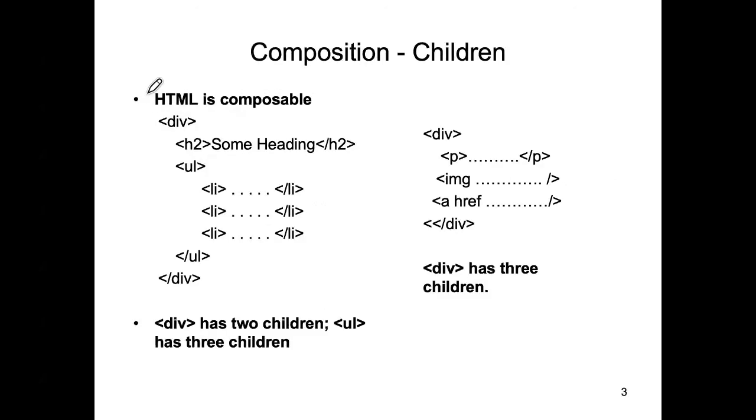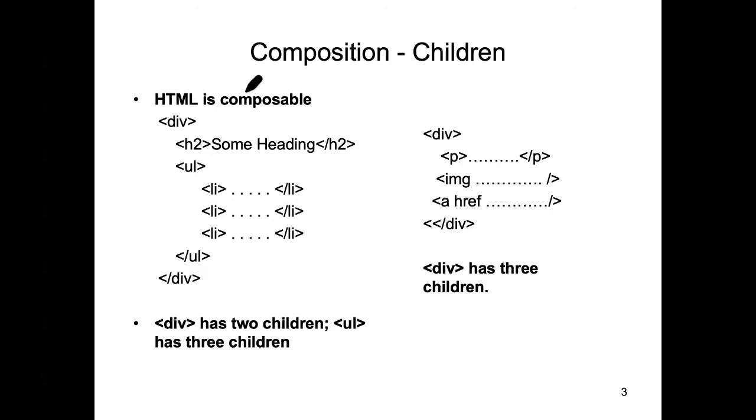Before I talk about the three patterns, just to get a term out of the way, HTML, it's a language in a sense, but it is based on the kind of composition approach. In the two little code excerpts I'm showing you, the way we might express it is to say that the one on the left is a div composed of an H2 and a UL, whereas on the right, I have a div that is composed of a paragraph, an image and a hyperlink.